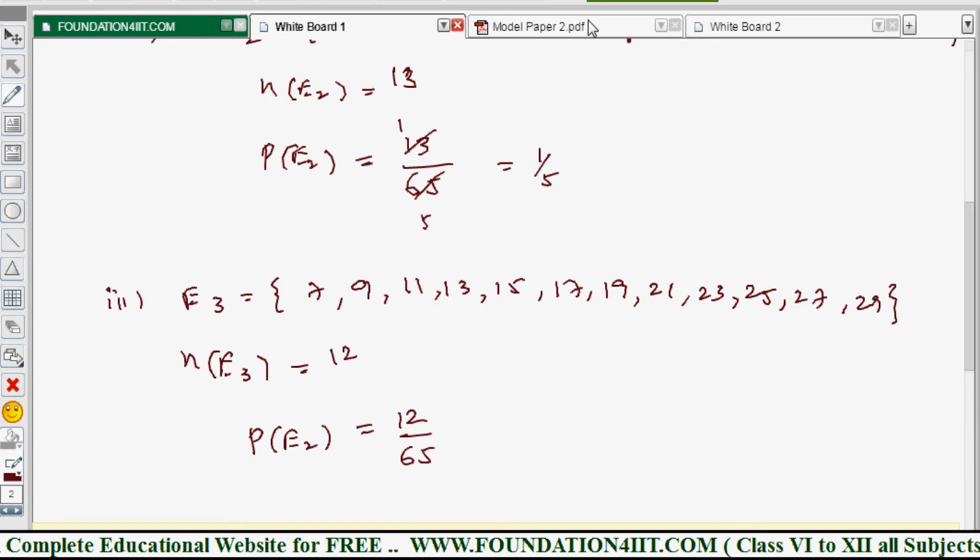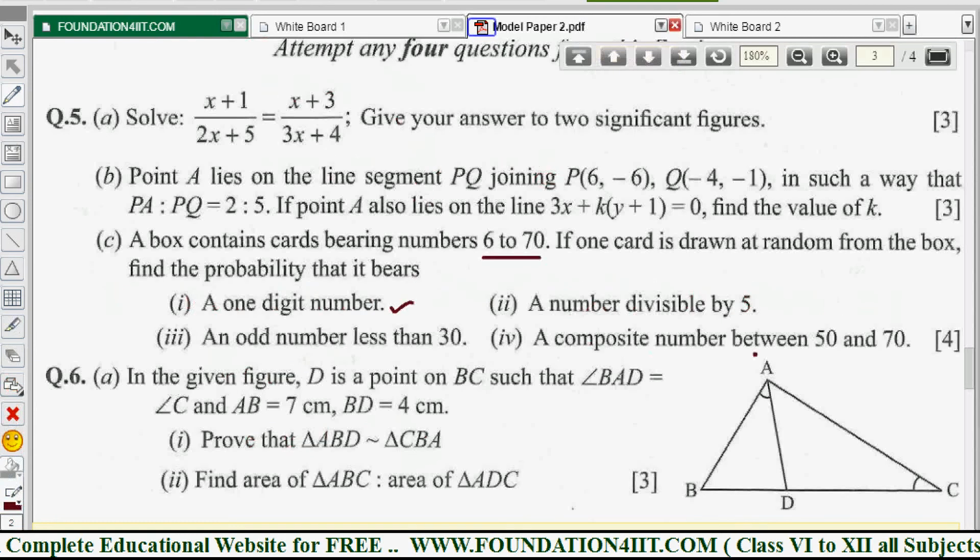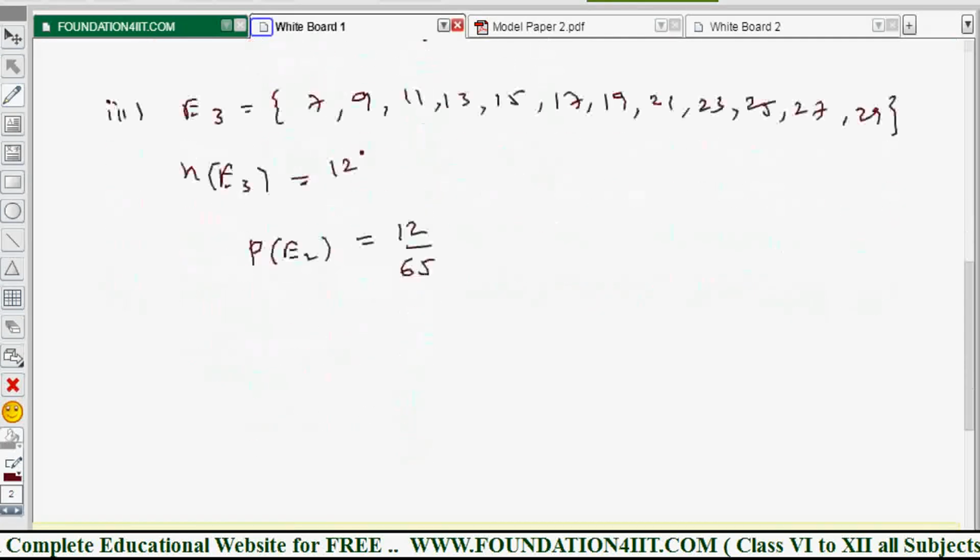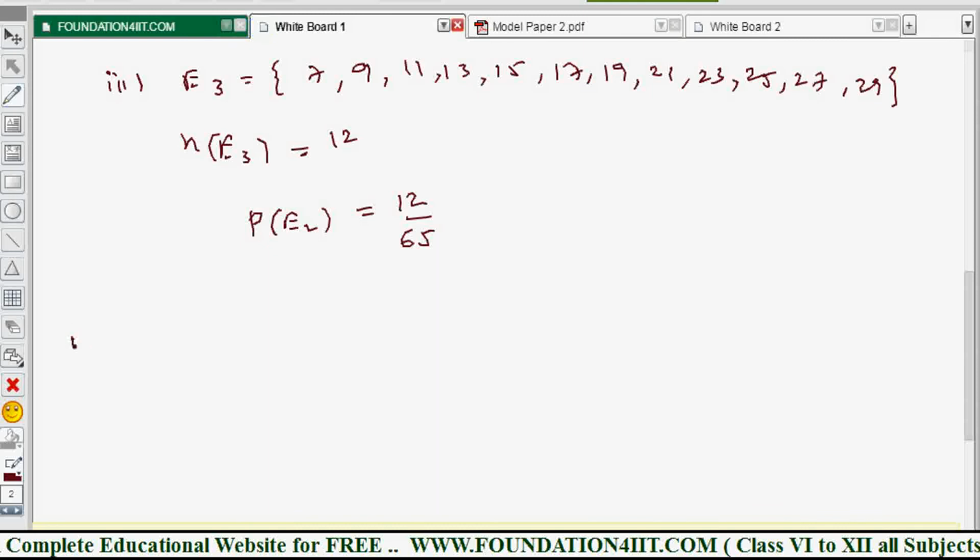Now, composite numbers between 50 and 70. Composite means numbers which are not primes. You know that. That is event 4. Between 50 and 70, the composite numbers are: 51, 52, 53 is a prime number, so next 54, 55, 56, 57, 58. 59 is again a prime number, so 60, 61 is prime, so 62.